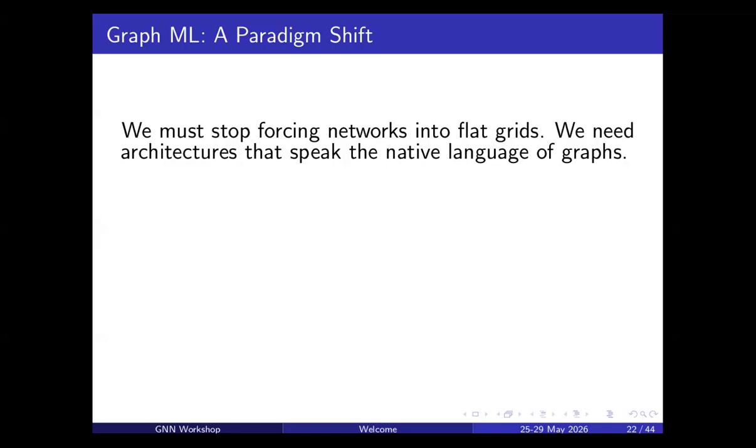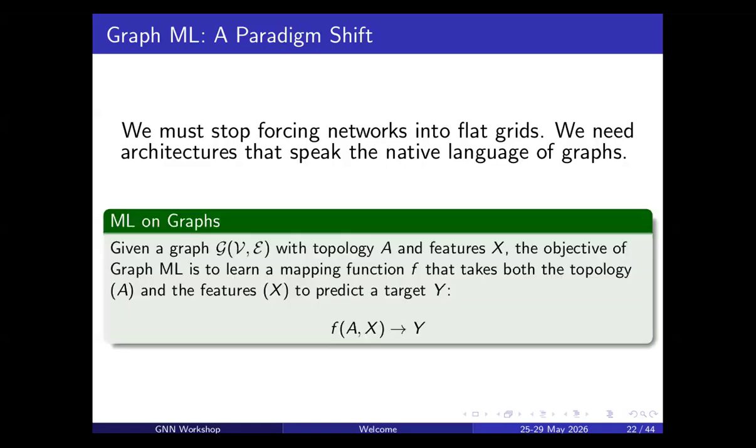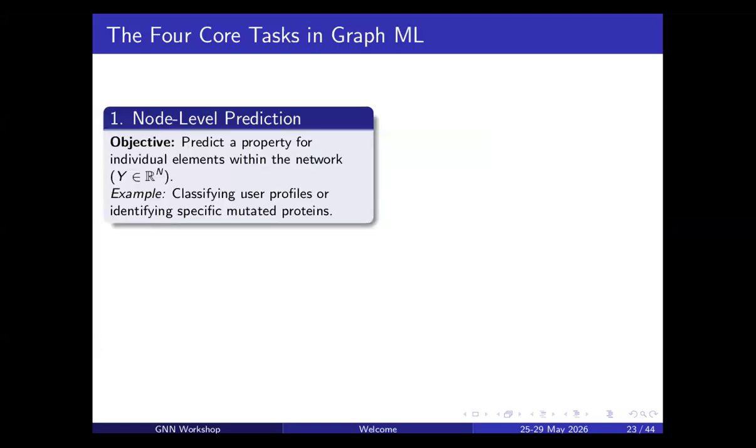We want to capture the entire interactions in the graph. So given a graph, we may have to predict some target y. So we want to learn a function f based on the relationship, the topology. Topology is basically the adjacency matrix and other feature interactions within the graph. So this is what we normally call graph ML or machine learning on graphs.